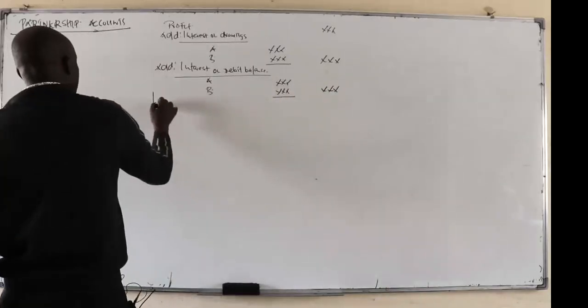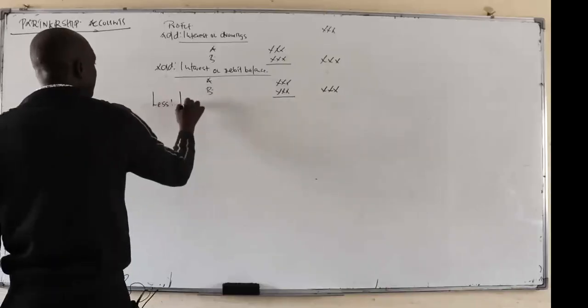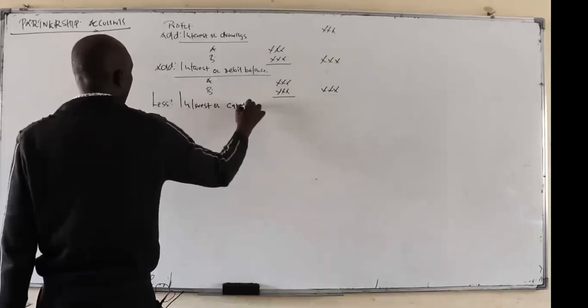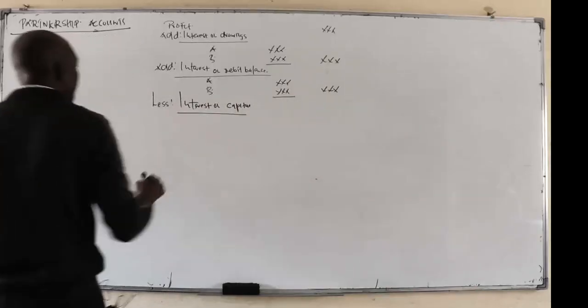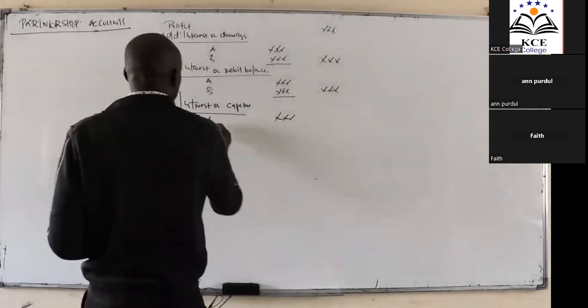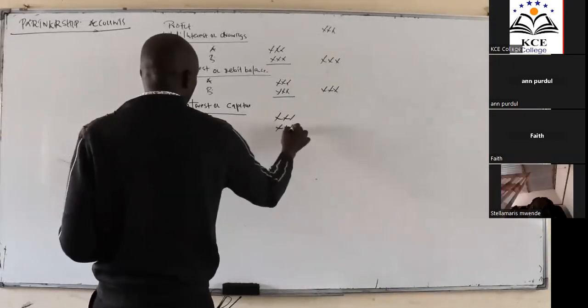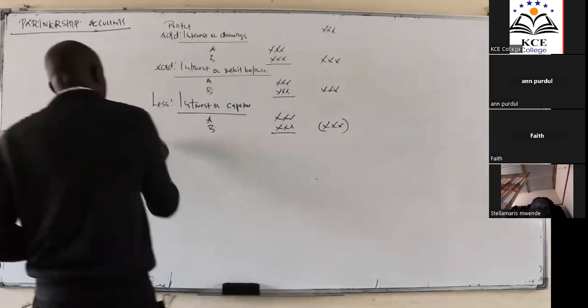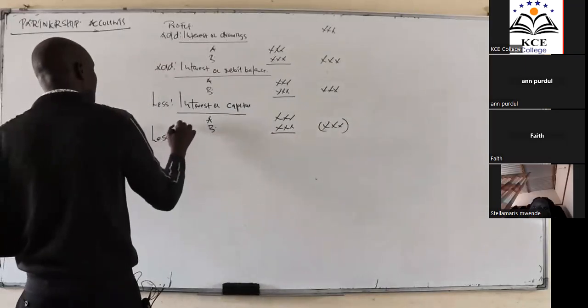And then you less interest on capital. We have partner A, partner B. You less partner's salary.